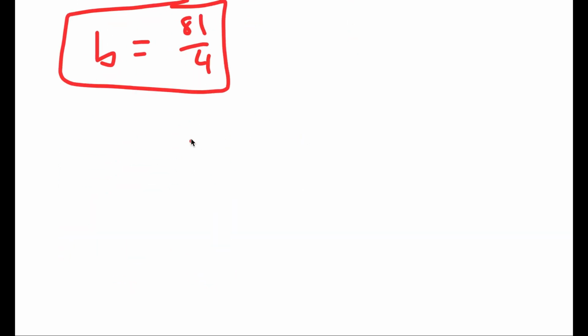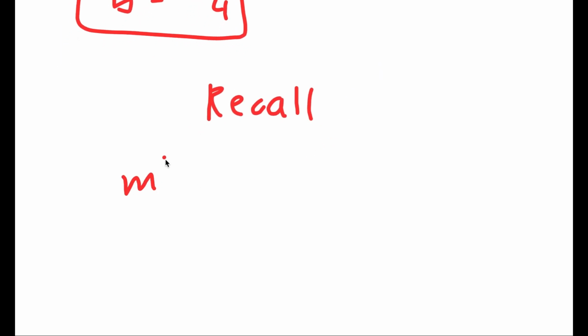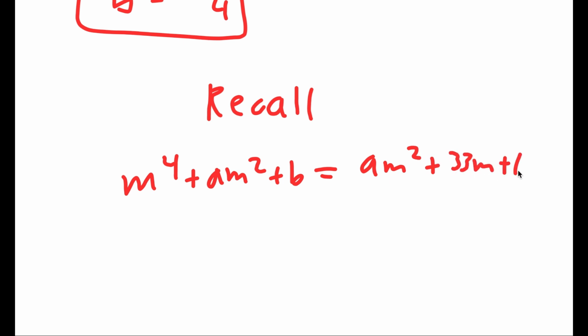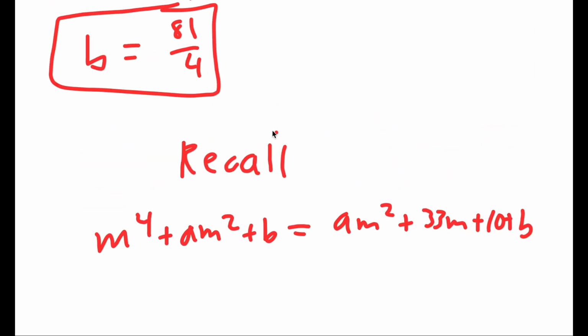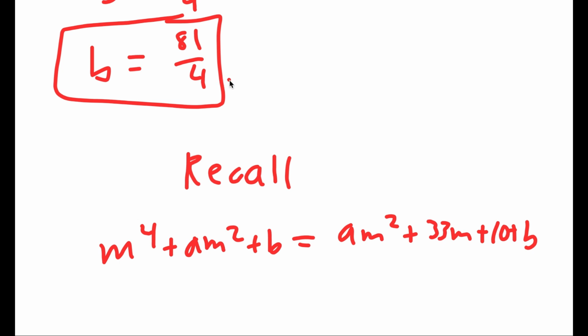And now, recall, because we're solving for x, not for a or b, x to the power of 4 plus ax squared plus b is equal to ax squared plus 33x plus 10 plus b. So this was where we added ax squared plus b on both sides.